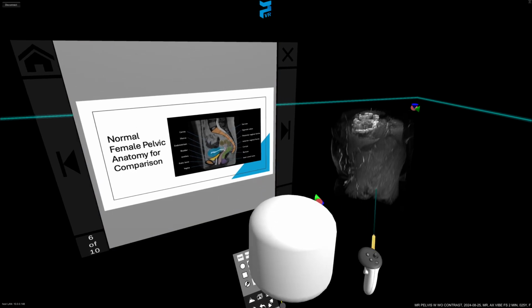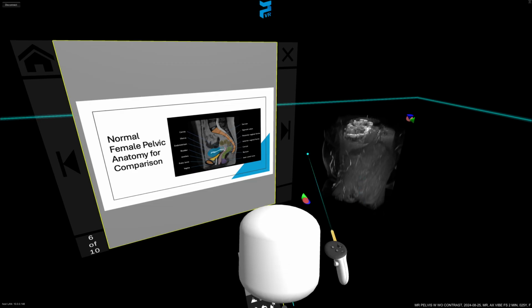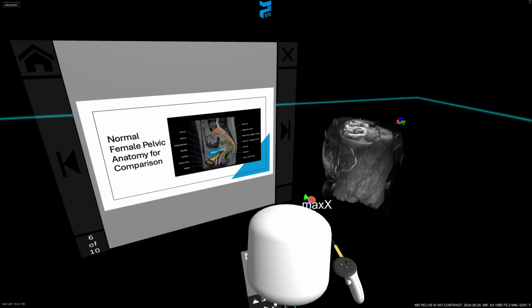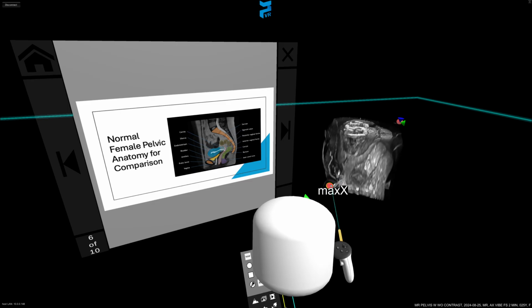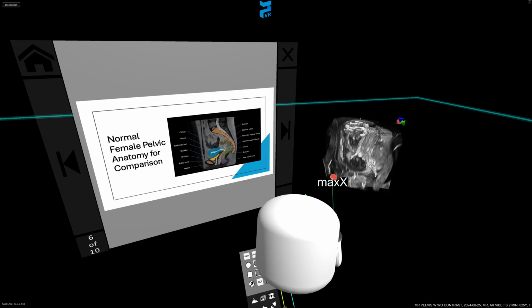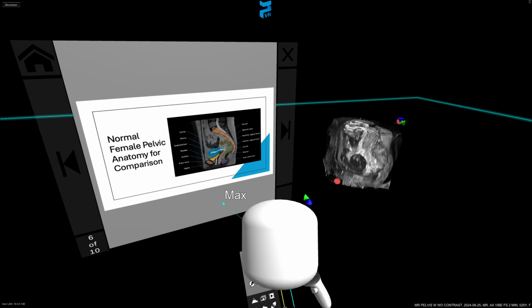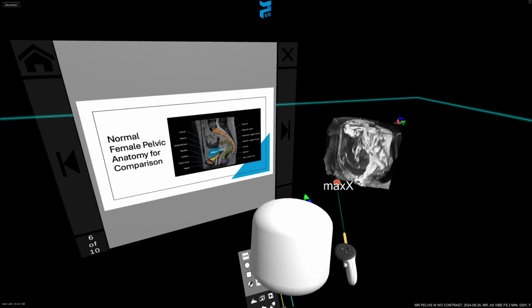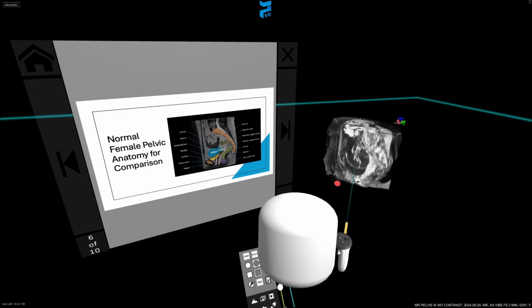Now let's take a look at our patient and see if this all matches up. Moving in, we can begin to see some of these structures right here. Going even farther, we can see our pubic bone, urinary bladder, and urethra, perhaps the vagina right here.